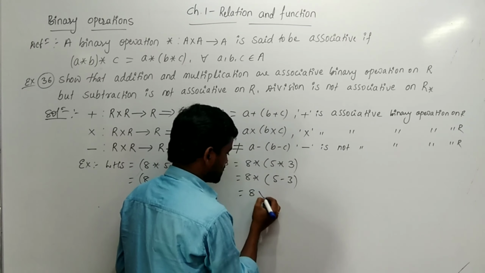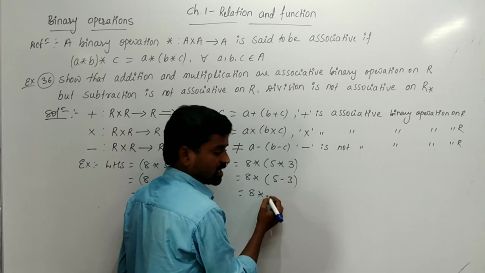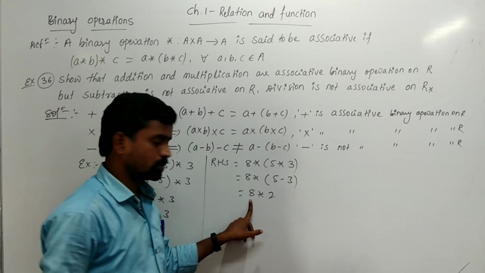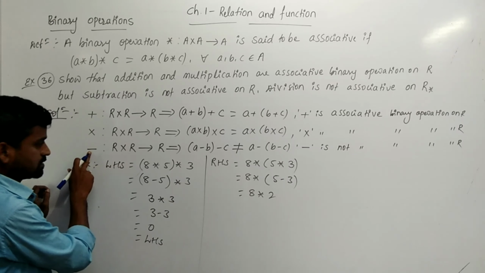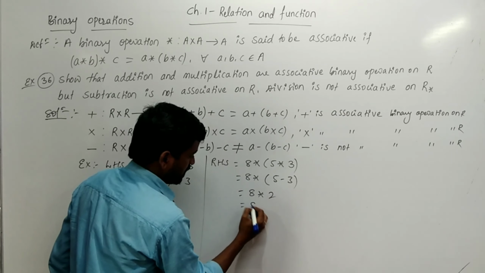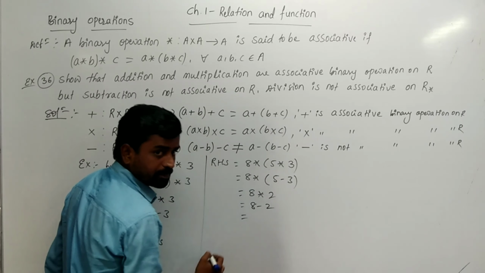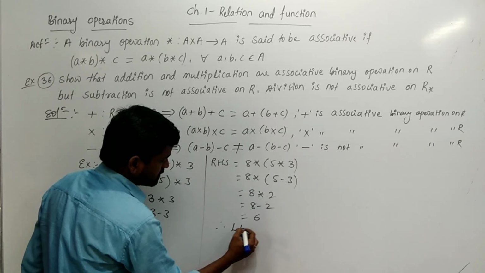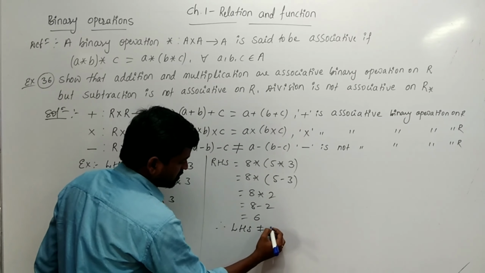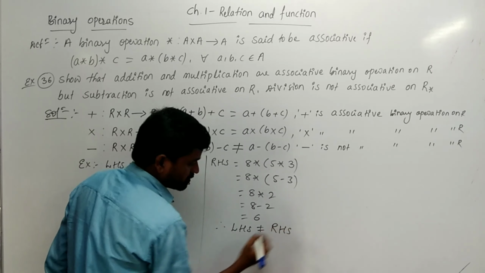Therefore 8 star 5 minus 3 is 2. 8 star 2, star is on subtraction. Then 8 minus 2 is 6. Therefore LHS is not equal to RHS.